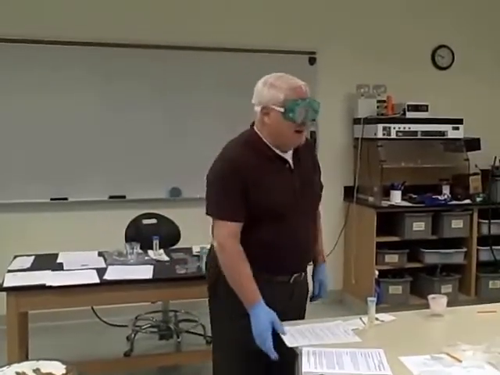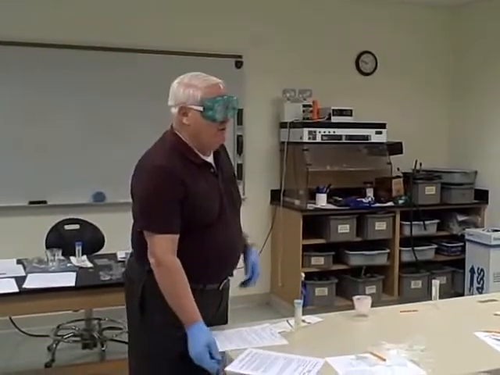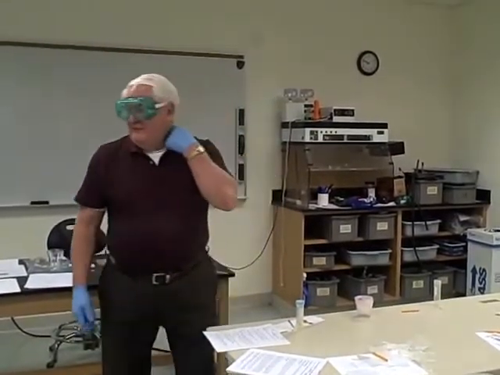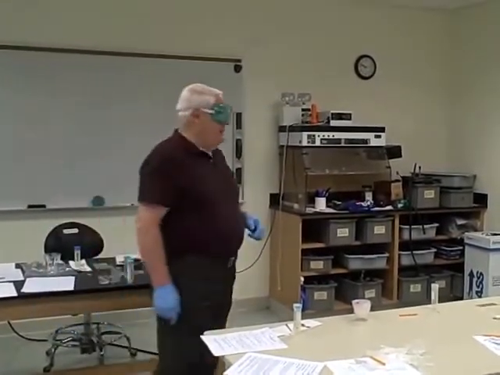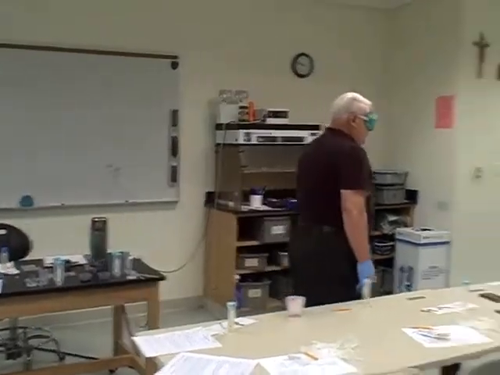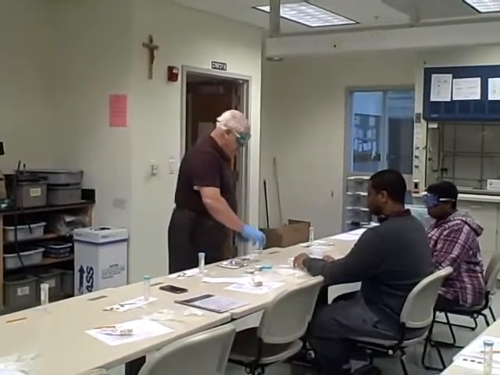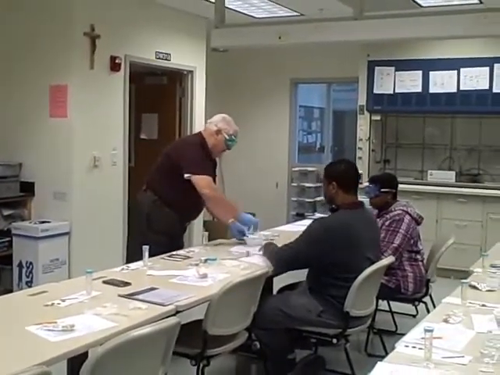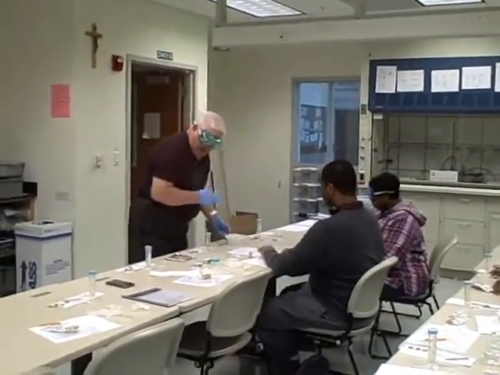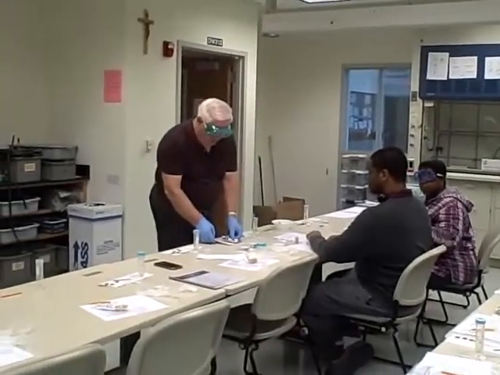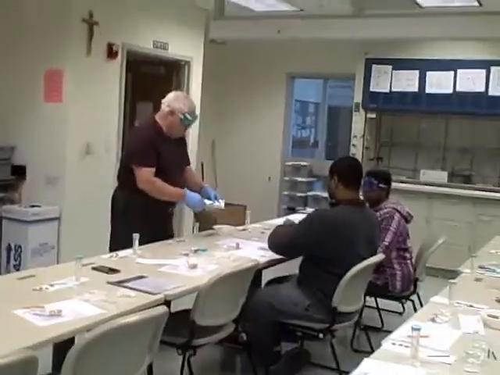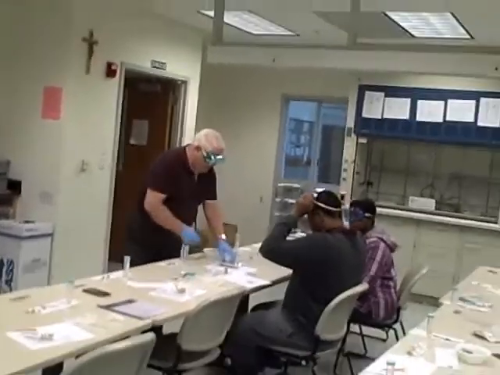Okay. Our next experiment is going to involve thermal conductivity. In the front of each table is a cup with ice water in it. Let's bring that front and center. There's a large piece of aluminum foil with 4 different objects on it.